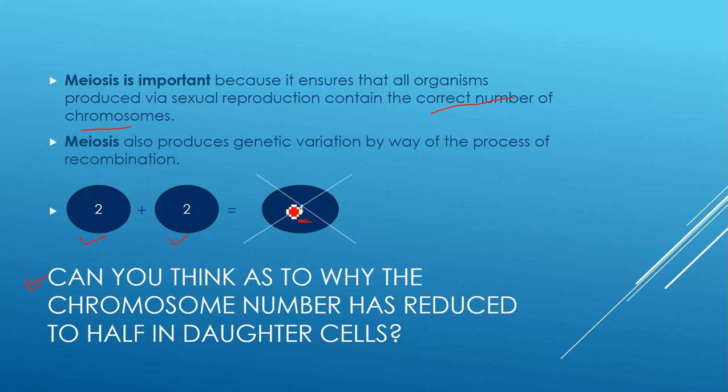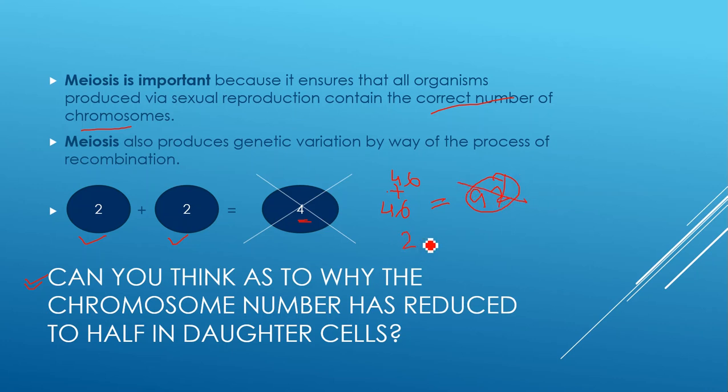That means that kind of offspring will not survive. Let us take our own example. We have 46 as our chromosome number because we have 23 pairs. If both mother and father give 46, it will become 92, and this kind of offspring will not at all survive.